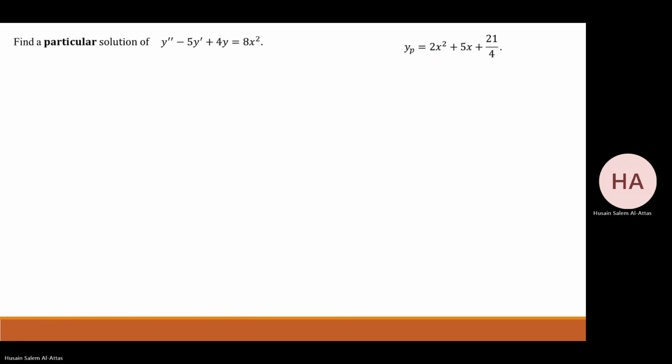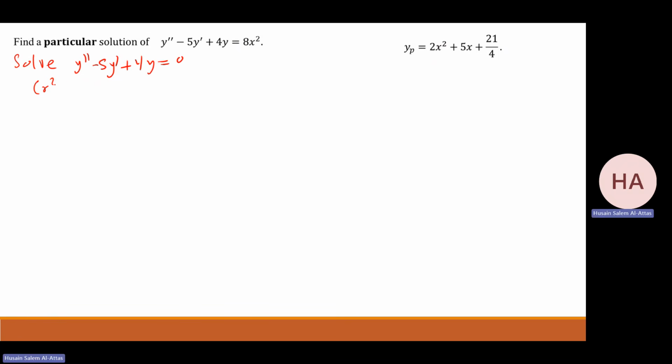Now, if I want to do a particular solution for this equation, what will be my guess? Let me first solve the homogeneous. He doesn't want me to do it, but I will do it. I'll tell you later why.